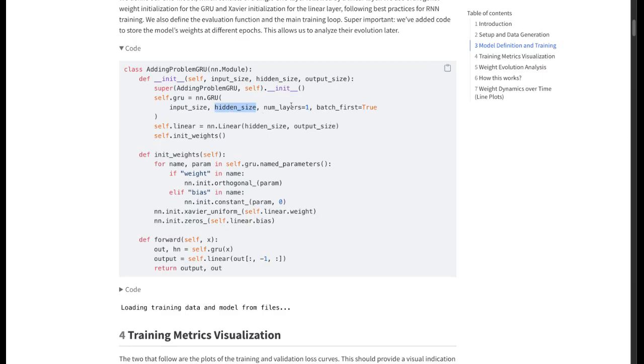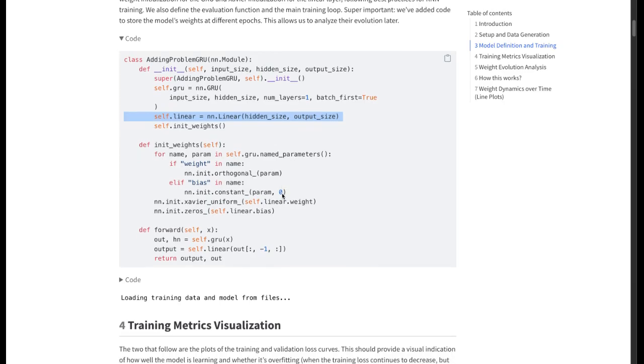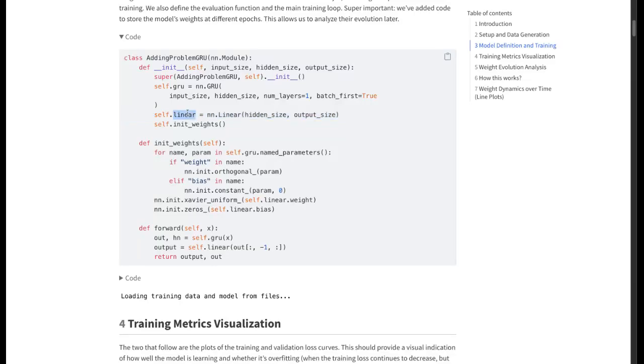Hidden size, in my case, was one layer, so really easy, and one fully connected linear layer, from hidden size 1 to output size 1, so it's really one weight plus a bias. Actually, it turned out that this was crucial, even though it's really just one weight plus a bias parameter, so it's not really something too fancy.